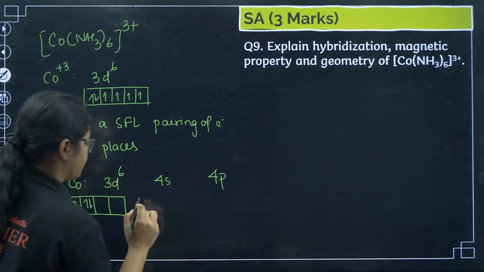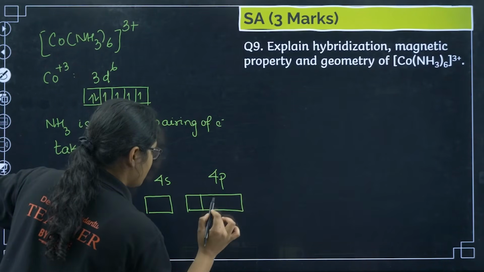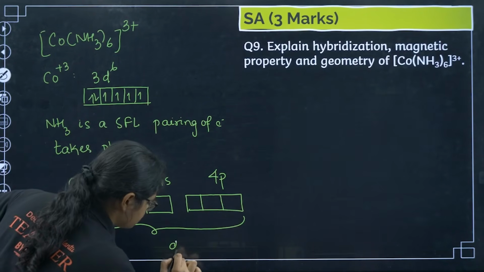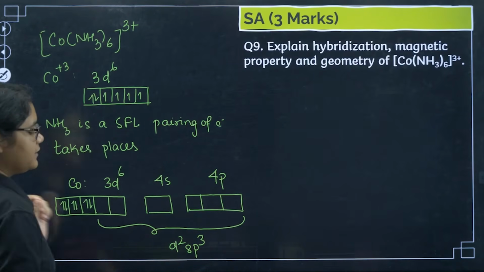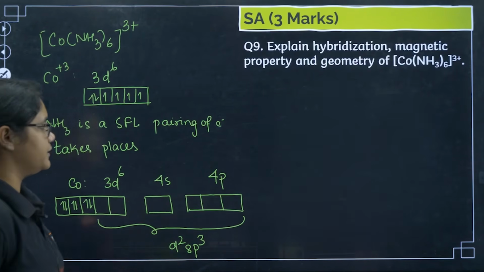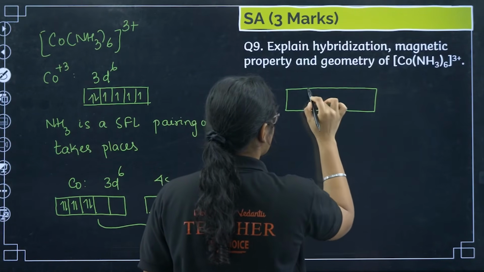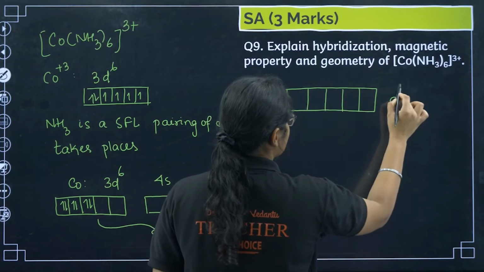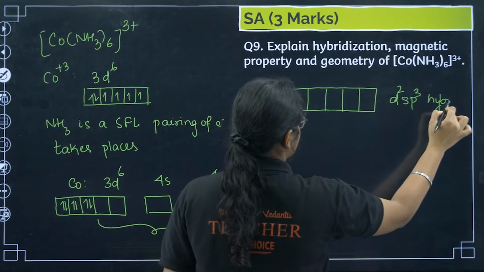I'll have no unpaired electrons, then you have 4s and then 4p. Okay, so we have d2sp3. d2sp3 is the hybridization of these orbitals. So what will I get here? These are d2sp3 hybrid orbitals.